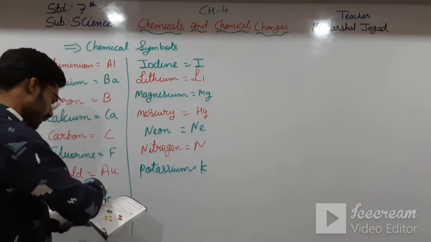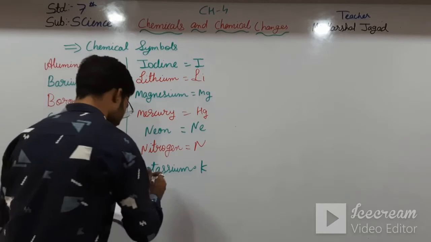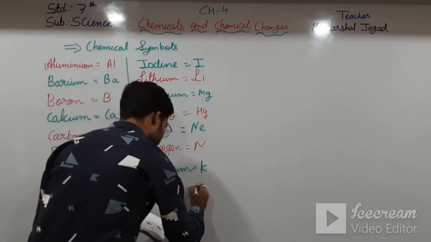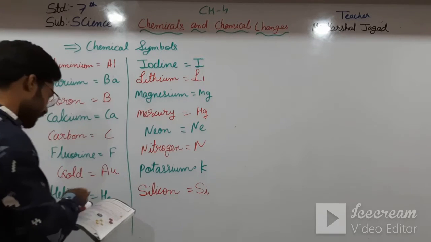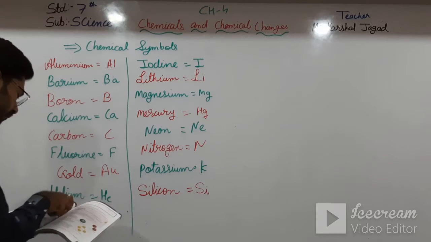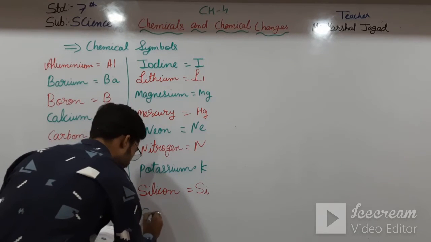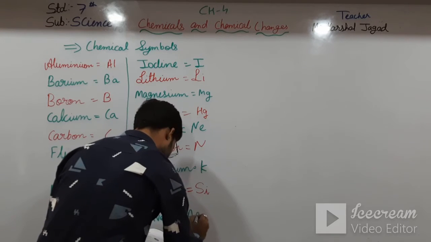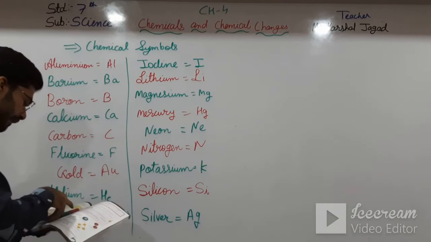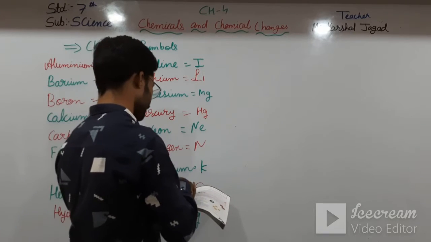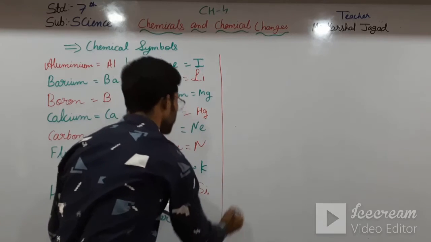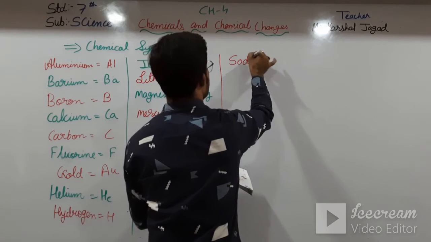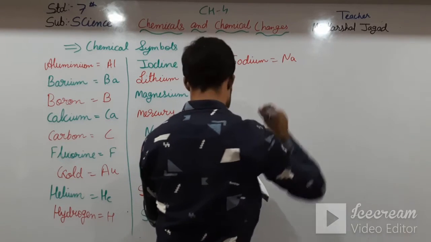Then coming silicon, that is S capital I small. Then silver, that is Ag. Okay. Then sodium, that is N capital A small.